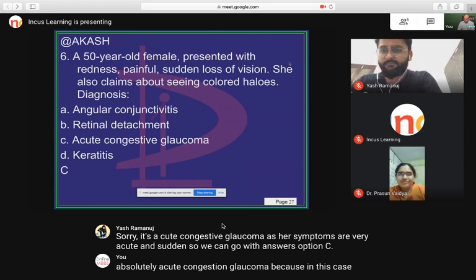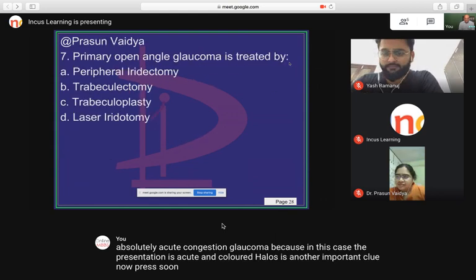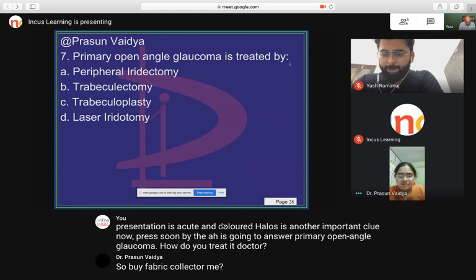Now, Prasoon Vaidya is going to answer: primary open angle glaucoma, how do you treat it, doctor? By trabeculectomy. Sorry? Option B, trabeculectomy.